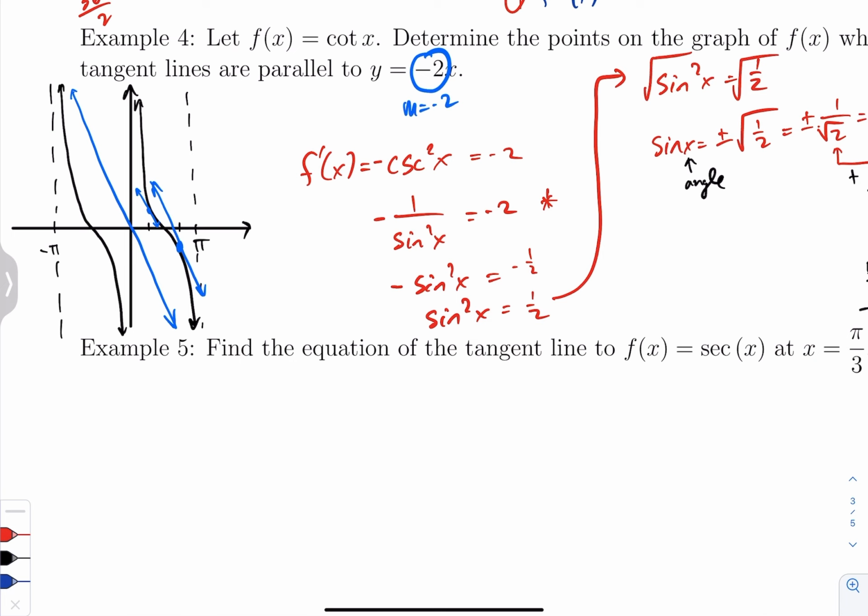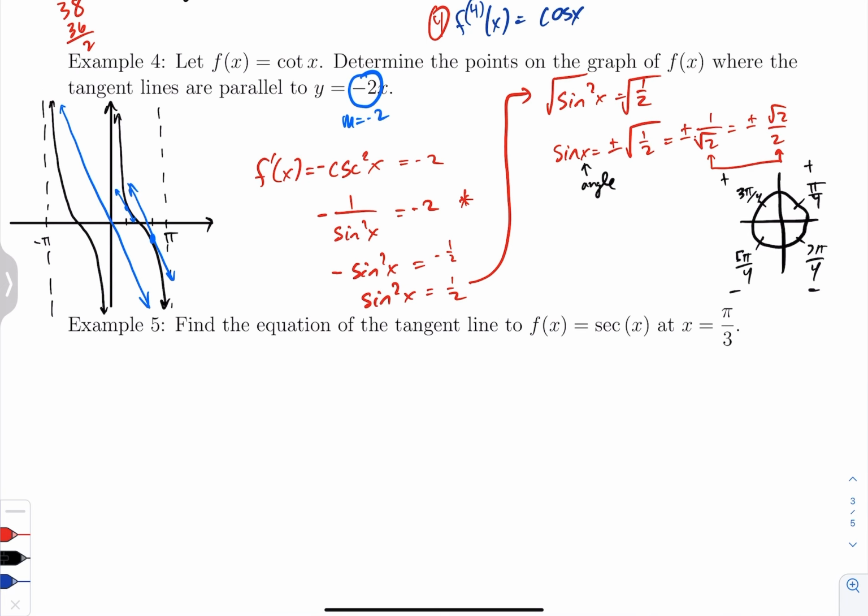And then similarly, 5 pi over 4, if I did another cycle of that graph, I'd get 5 pi over 4 and 7 pi over 4. So my x values are pi over 4, 3 pi over 4, 5 pi over 4, 7 pi over 4, etc.